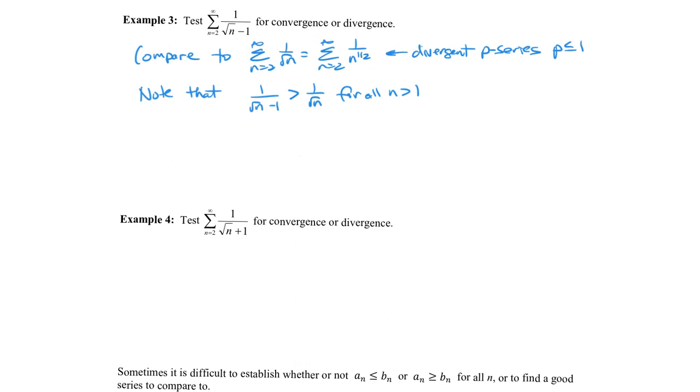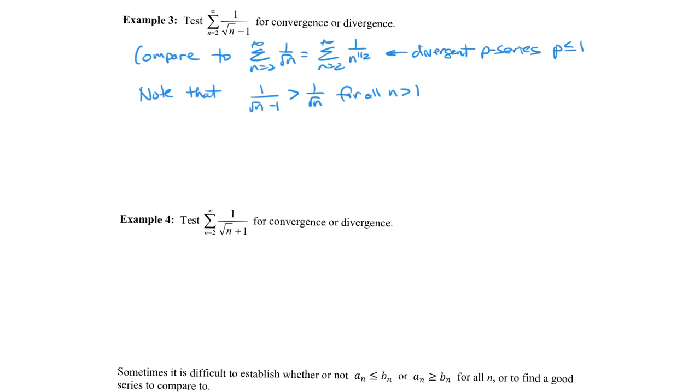So we're basically saying, we've got this divergent p-series. If I keep adding this up, I can make it go as large as I want. It goes to infinity. And we found something that's even bigger than that. This series, term by term, is bigger than this divergent series. So the conclusion is this also must be divergent. It's bigger than one that goes to infinity, so it's going to have to also go to infinity.